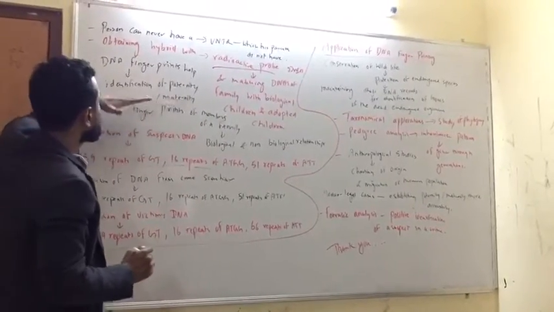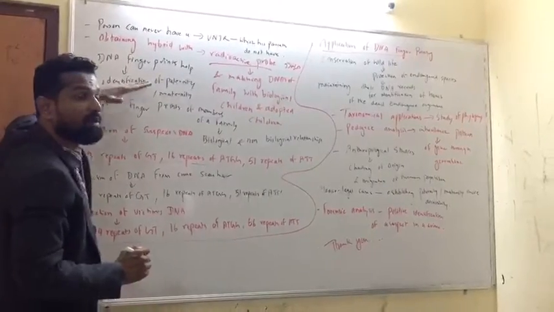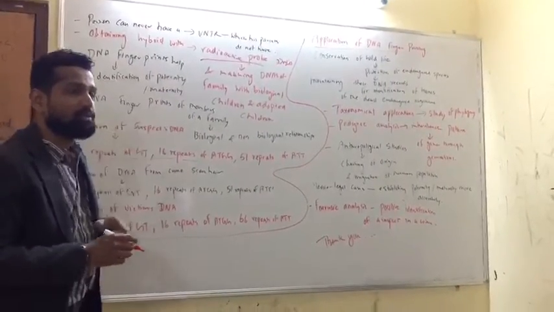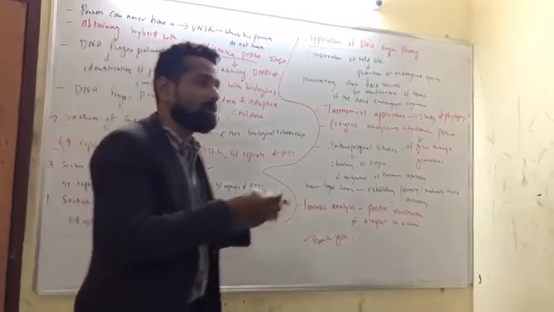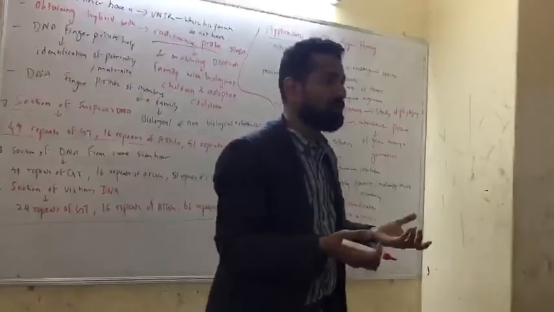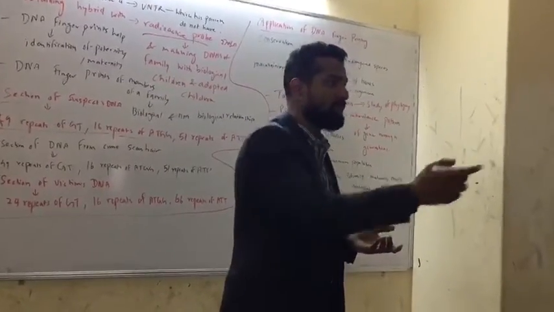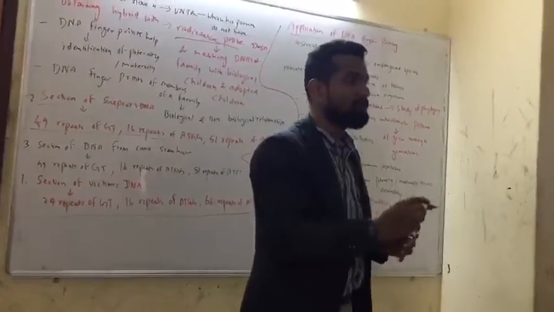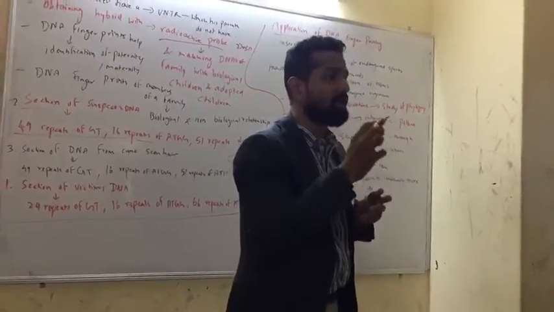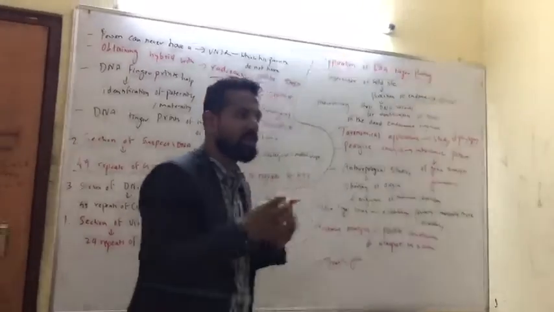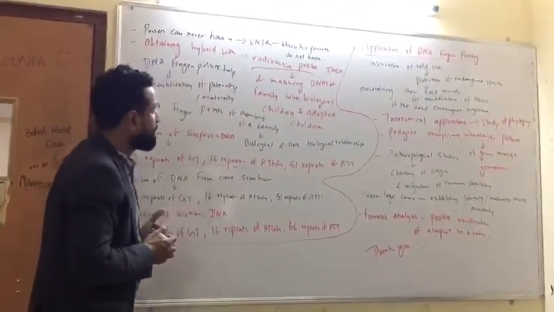Next point. DNA fingerprinting helps in the identification of paternity. Sometimes a child is stolen and there is a dispute, one saying he is my son, somebody else saying no, he is my son. In that case the father's DNA and the son's DNA are checked with the help of DNA fingerprinting.